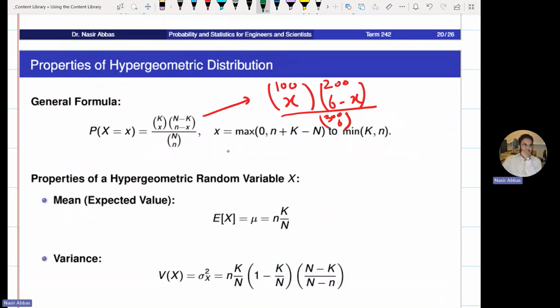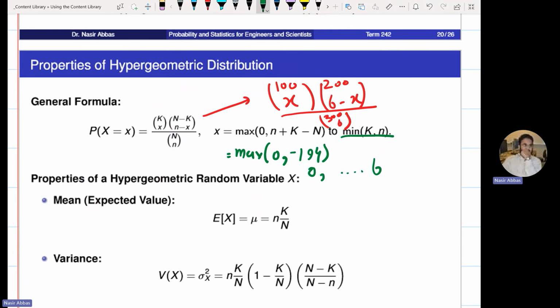The domain of X starts with the maximum of 0 and n plus K minus N. My n was 6, my K was 100, so 106 minus 300, which is minus 194. Which one is bigger out of 0 and minus 194? So the domain starts with 0 and goes all the way up to the smaller of 6 and 100. Which one is smaller? 6. So the domain starts with 0 and goes up to 6.